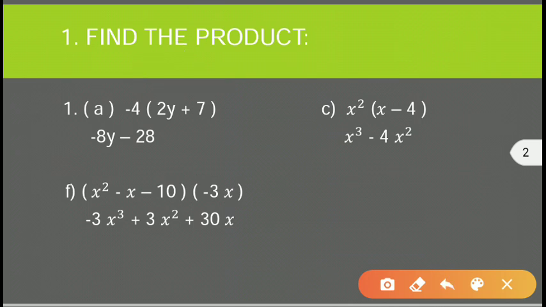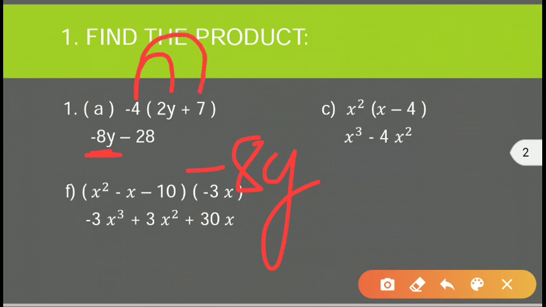So, when you multiply -4 and 2y, you will get -8y. Again, when you multiply this -4 with the +7, plus and minus will become minus, and 4 into 7 will give you 28. Clear?